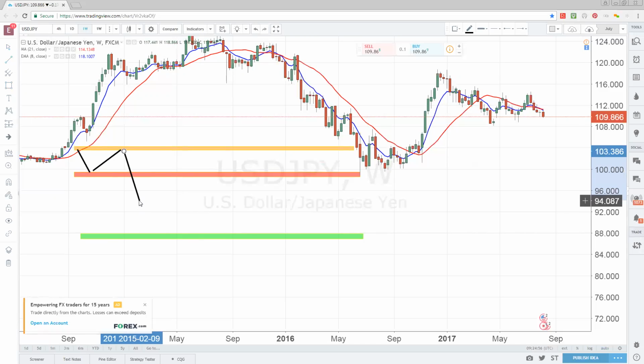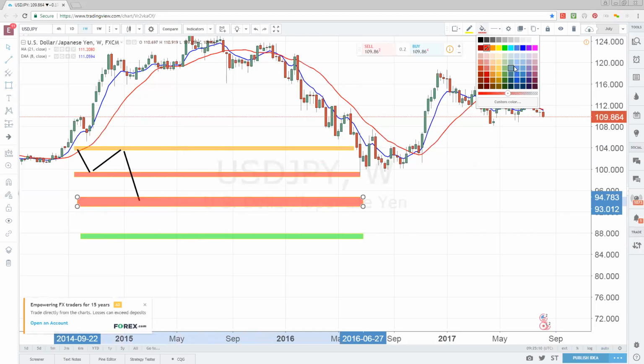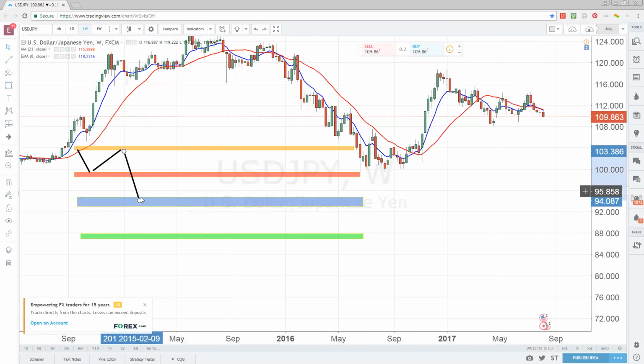Now with this breaking through, it came all the way and met another level here. This level, I'll just do it blue. Met another level here, right? It couldn't break to this level, so what happened? It bounced off.